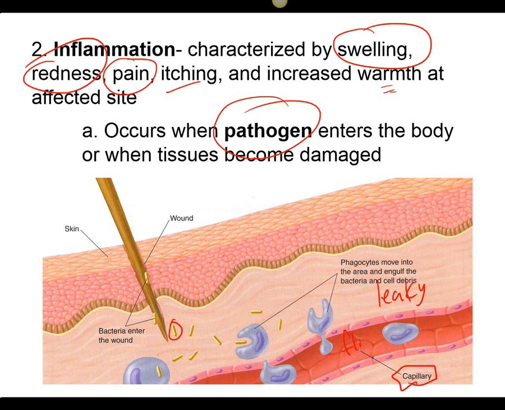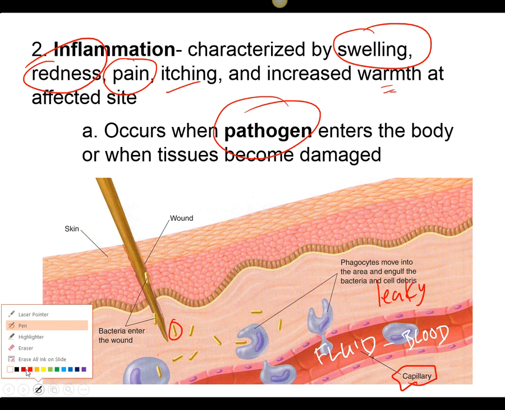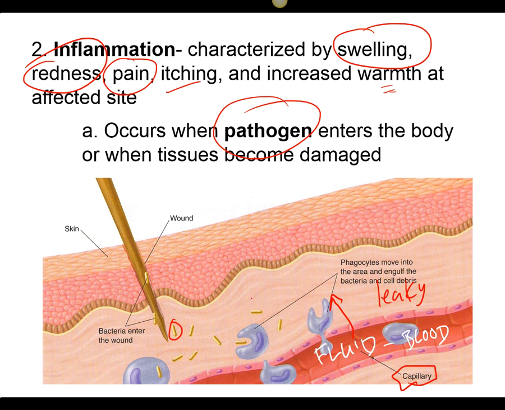The fluid that's in them, which is ultimately blood and all the things within it, is going to start to leak out, and once it leaks out, it's going to start to fill in the tissue right here. And we want the fluid to leak out because guess what's inside of the fluid? These white blood cells, those neutrophils, they're going to come and engulf the bacteria.